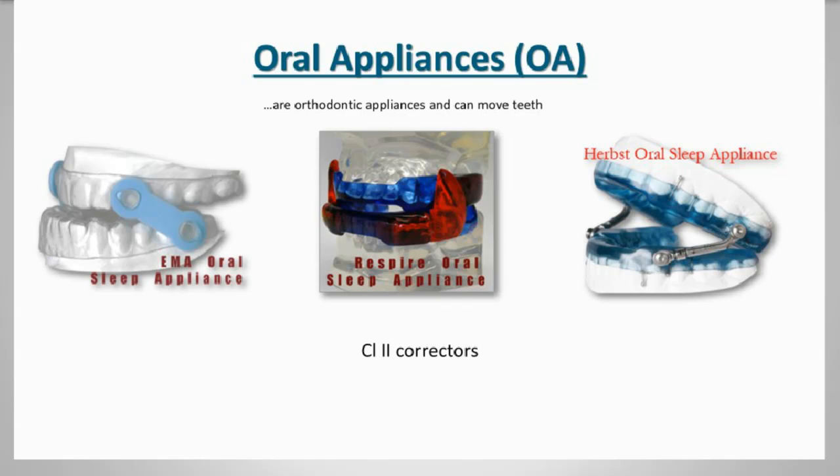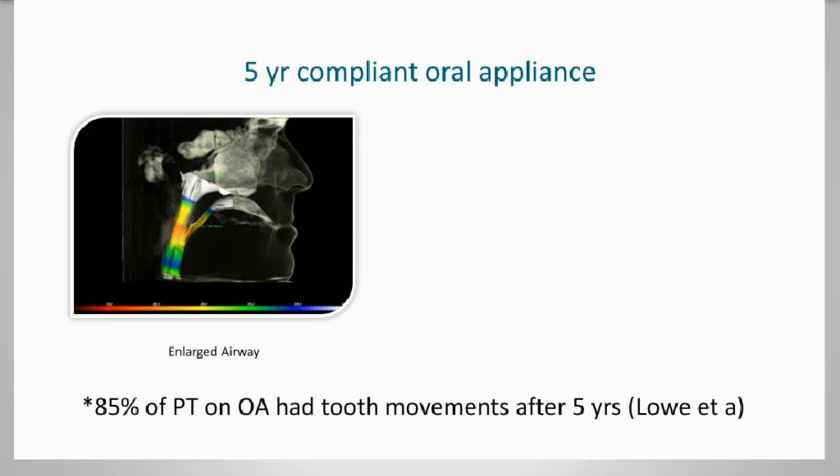So here we have an example. This is actually a physician who was treated for snoring by their dentist and was very, very compliant. We got to image the patient after 5 years of wearing his oral appliance every night. And as you can see, based on what we talked about with the airways, he's got a great looking airway. His MCA is in a very good place.